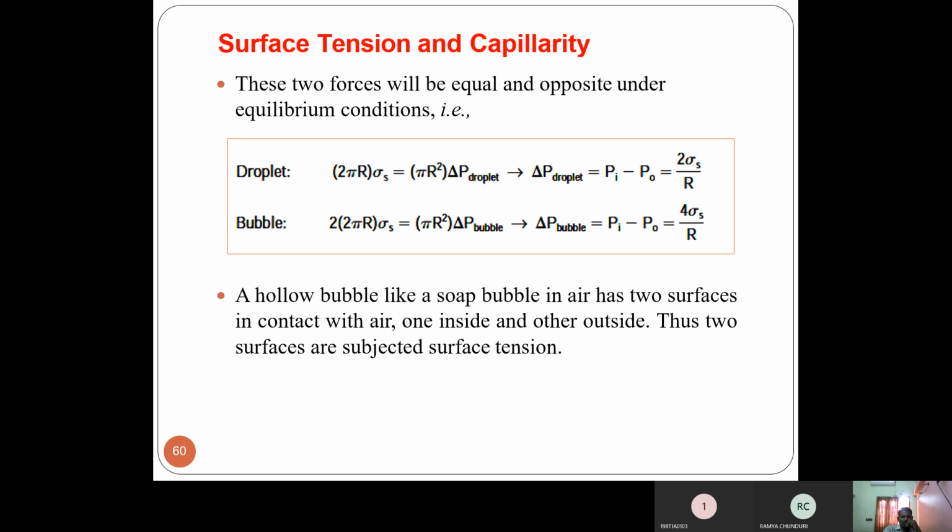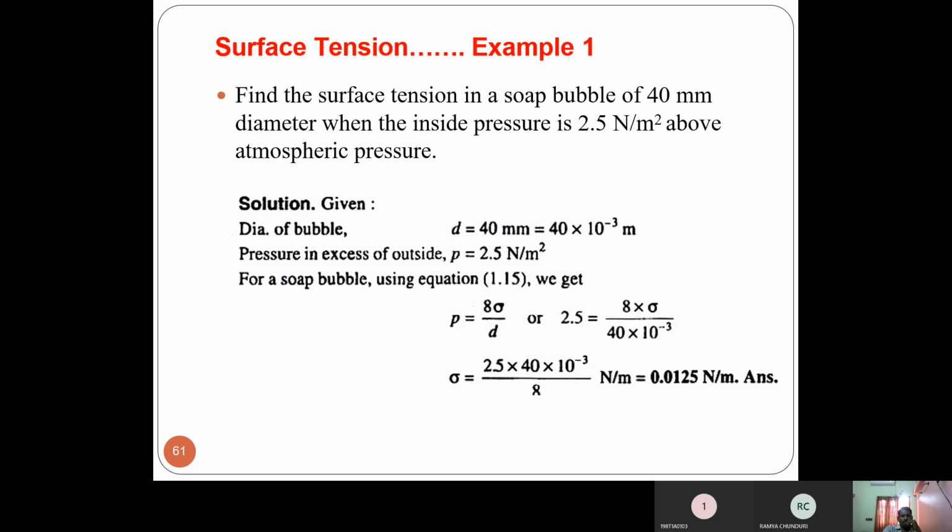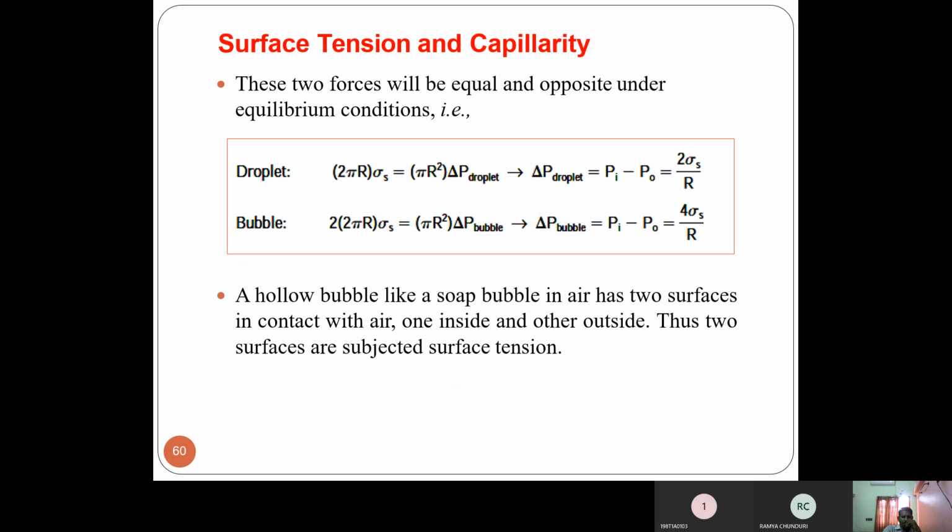Delta p is the pressure difference, Pi minus P naught, equal to 4 sigma by r. If we want to express this relationship in diameters, put r equal to d by 2.